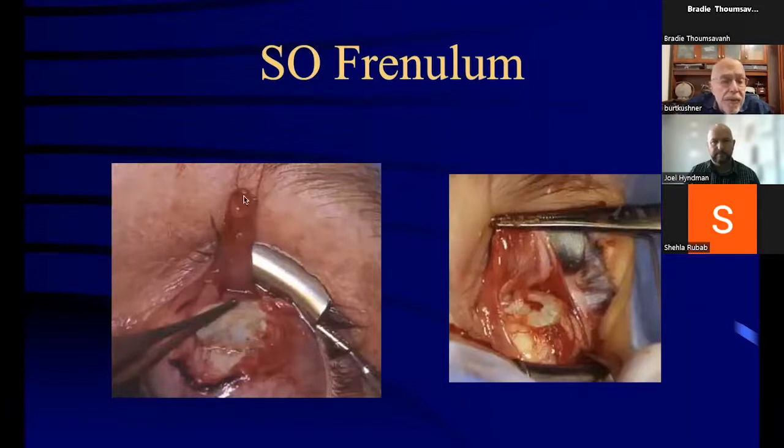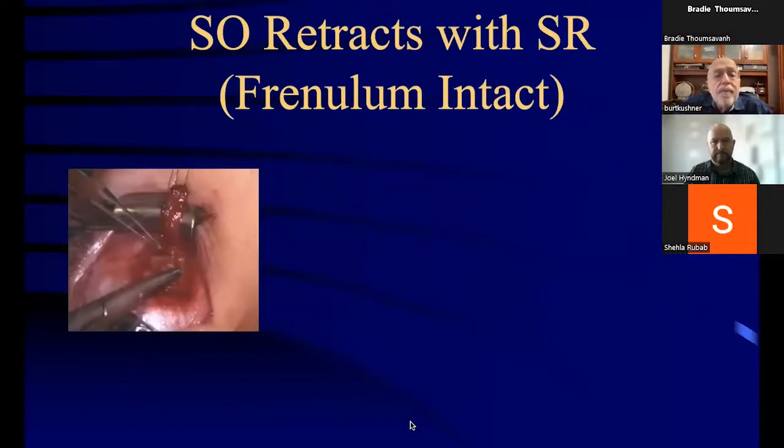And here's the superior rectus up on a hook, and here I'm holding the superior oblique tendon as it goes under. And this thin diaphanous tissue here is the frenulum attachment. Here's another depiction of the superior rectus up on a hook, and you can see the superior oblique sort of goes up with the superior rectus. It's attached via the frenulum.